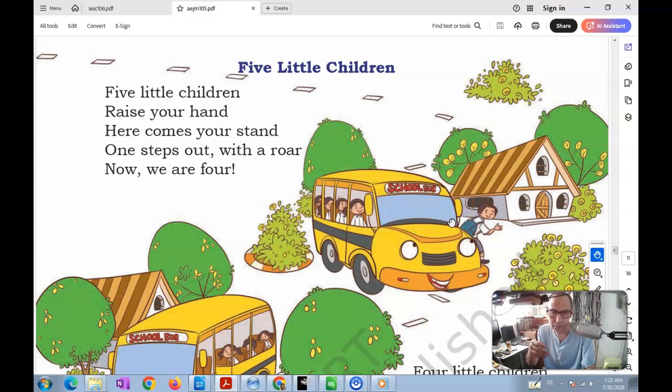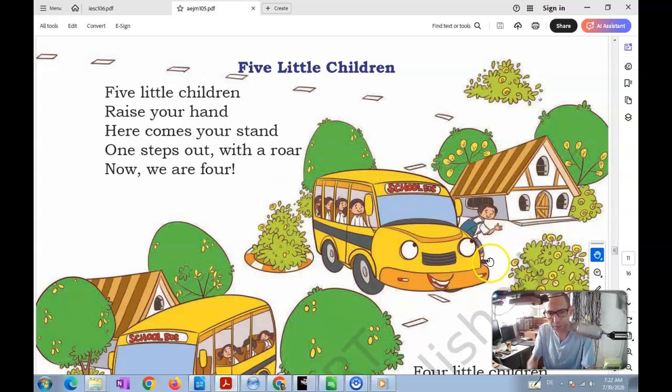It's after school and the bus is dropping the kids back at home. So the bus is not collecting them, rather it's dropping them at home.